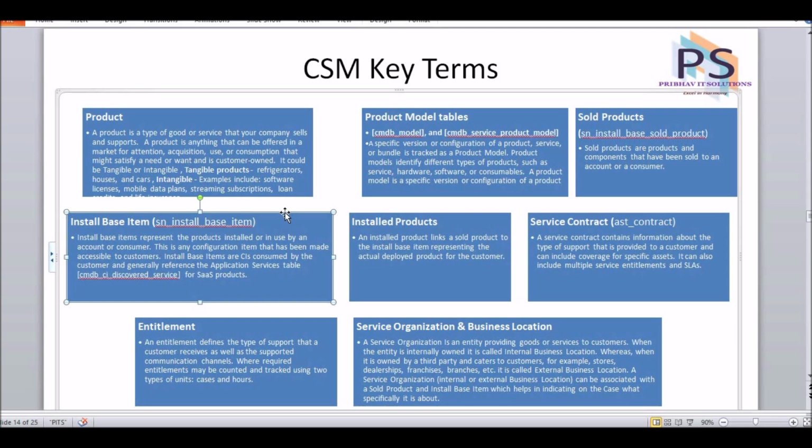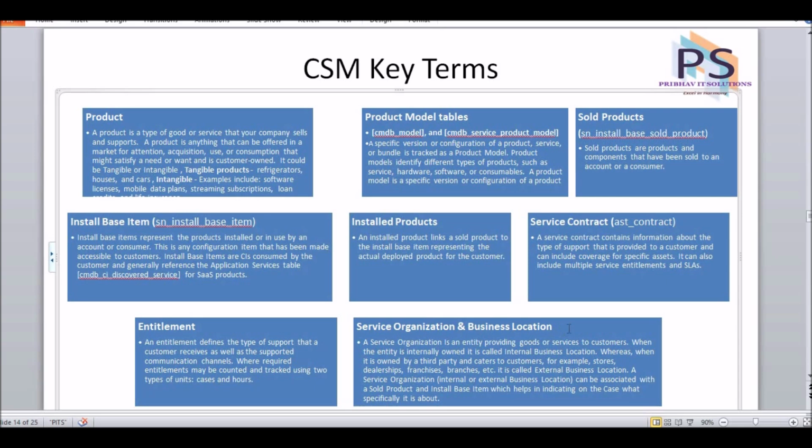So the install base item presents the product installed or used by the accounts and the consumer. So any specific item that is used for that. If there is a UPS that is also aligned, that also falls under install base item, installed product. Now service contract we spoke about, entitlement we spoke about.